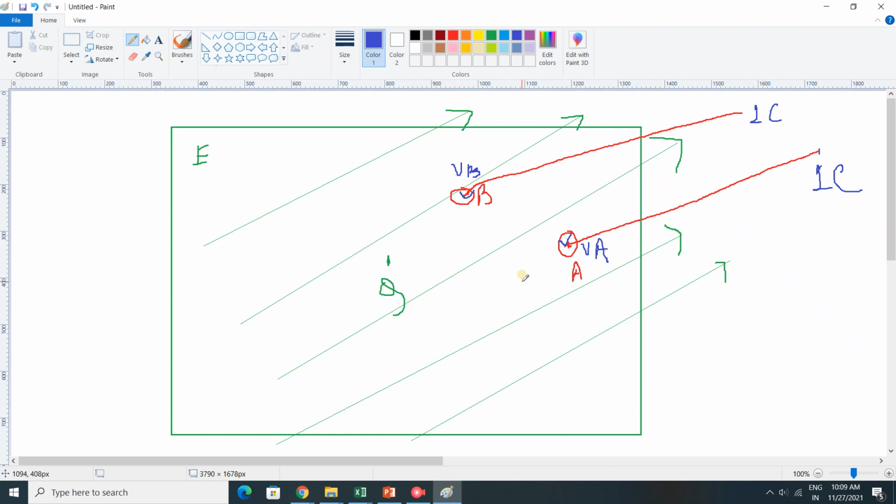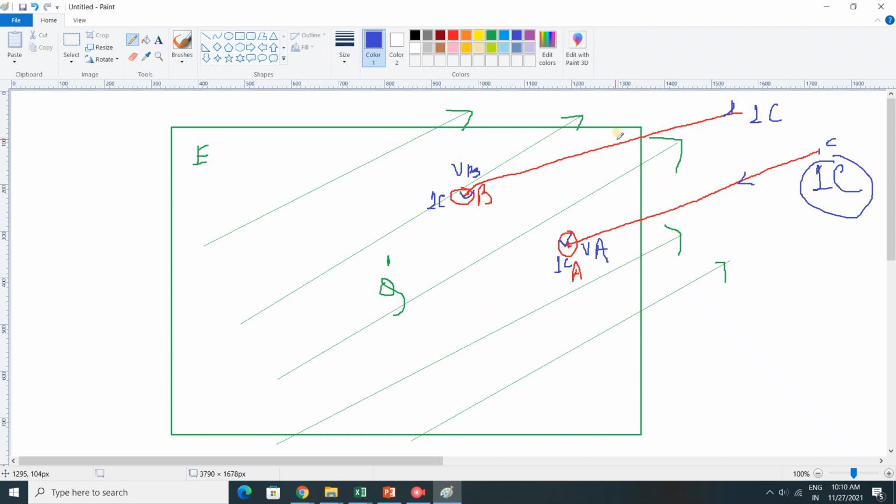So this is the potential at point A, this is the potential at point B. Now there is a charge of 1 coulomb which I have brought over here, so there is some potential at this point. Now this particular 1 coulomb of charge is at this point, and this 1 coulomb of charge is at this point.